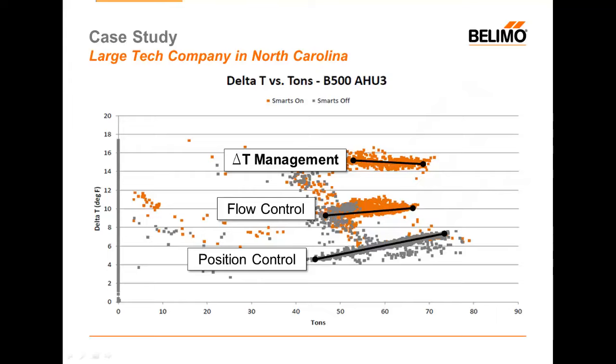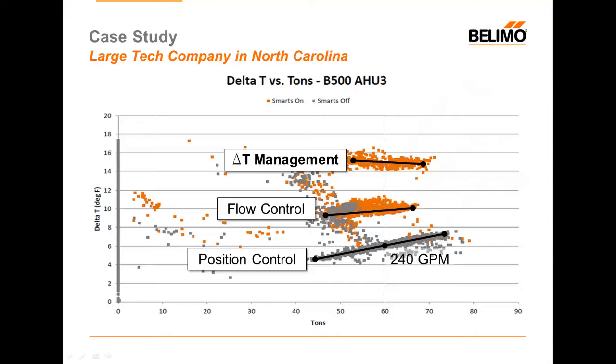To magnify the impact here, let's take a look at a single load point. We'll take a look at that 60 tons. So for 60 tons, position control was operating at about a 6 degree F delta T to satisfy a 60 ton load, and that took 240 gallons a minute.